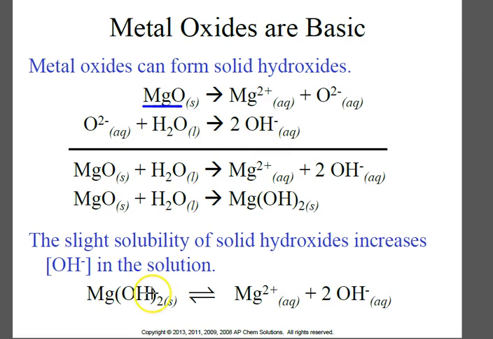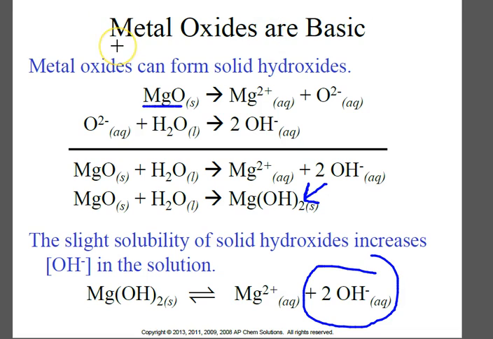All right? Now, these are not completely soluble, but they are partially soluble, and so it only increases the pH slightly. So this is not a complete reaction. Once we form this hydroxide, which is like the fourth step down here, these are only slightly soluble.